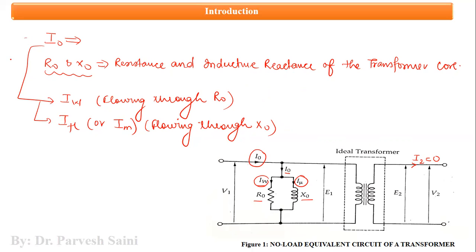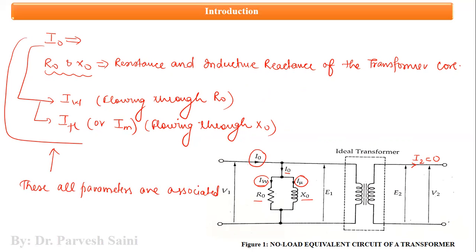These all are the core parameters associated with the transformer core, meaning the iron core of the transformer, because there is no current flowing in the secondary winding, no requirement of the rated current is there.